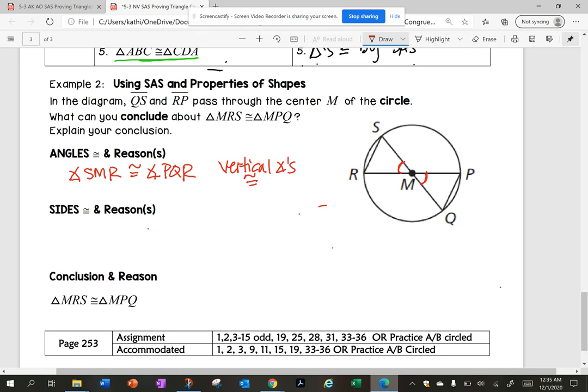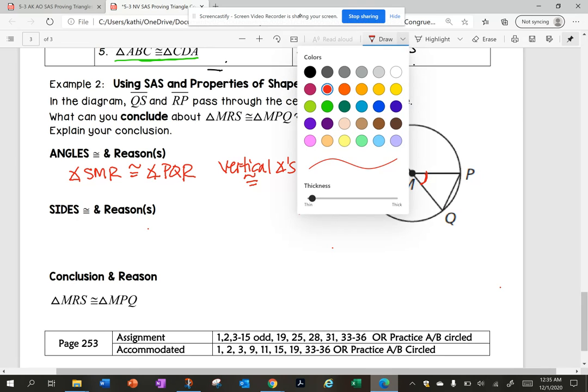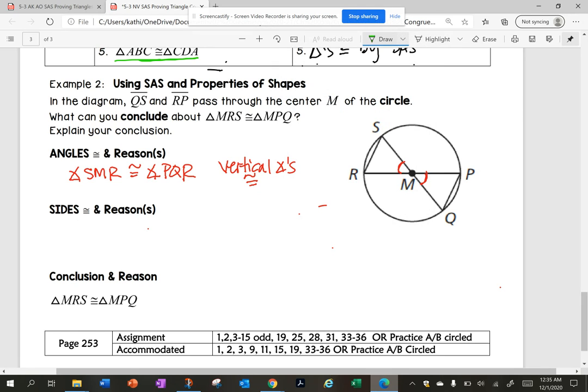So what do I know about sides? I know that all of these sides are congruent, and I know that because that is the radius of the circle. So I can say segment SM is congruent to segment MR, and that's congruent to segment MP, and that's congruent to segment MQ.